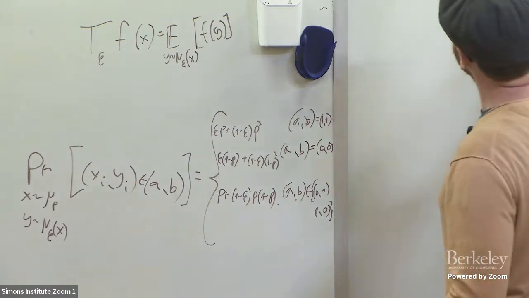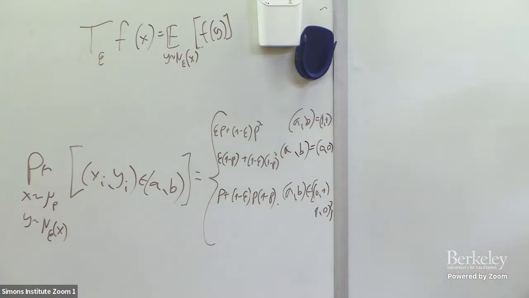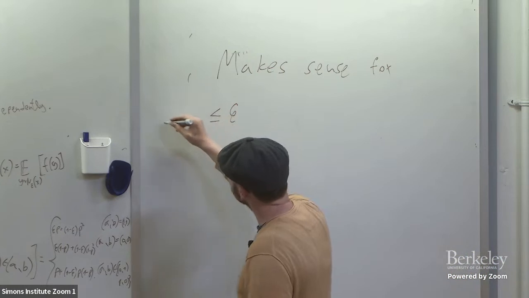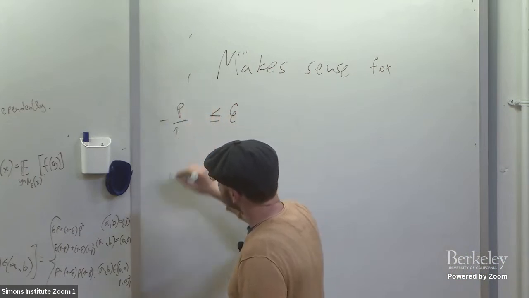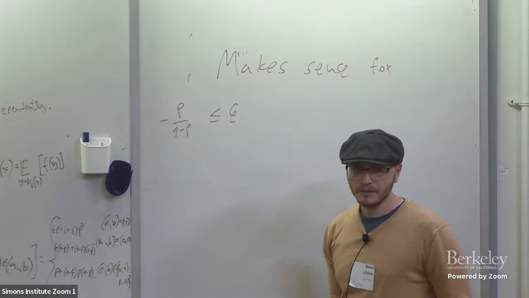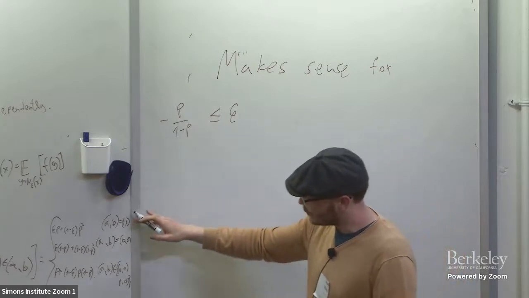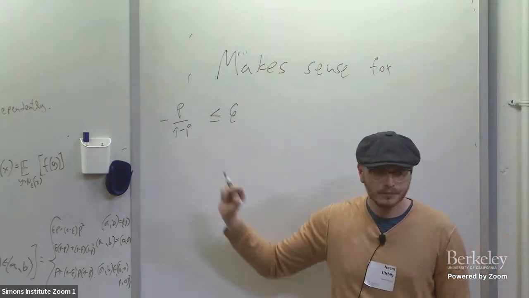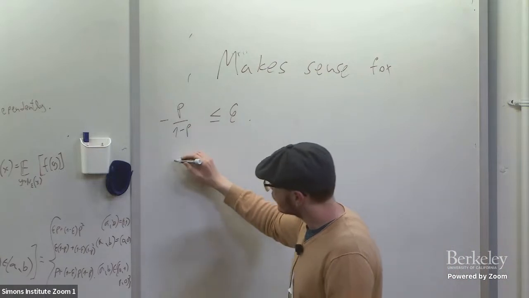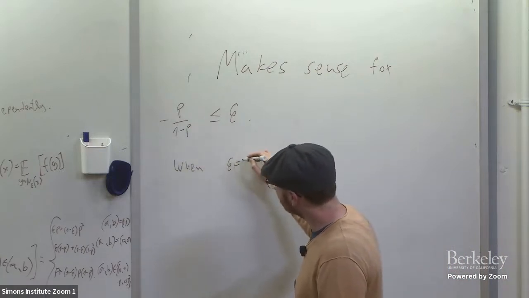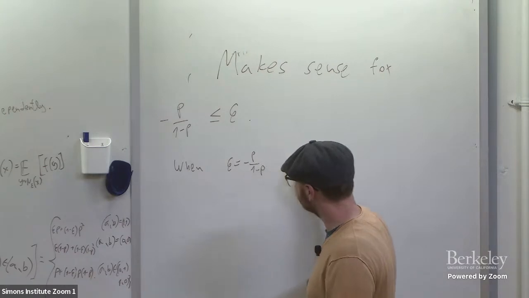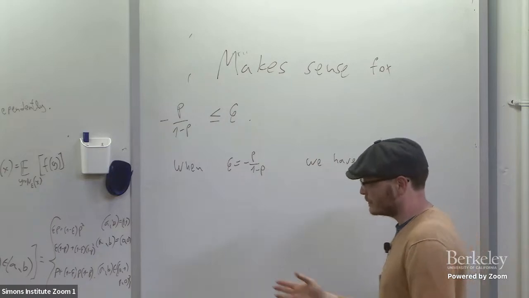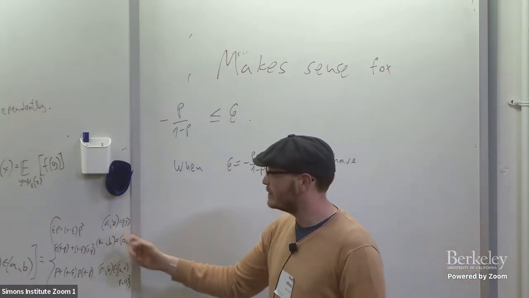It makes sense for epsilon which is at least minus p divided by 1 minus p, because all of these probabilities are still going to be non-negative, provided that epsilon is at least that number. And when epsilon is equal to minus p divided by 1 minus p, we have that the probability of (1, 1) is 0.